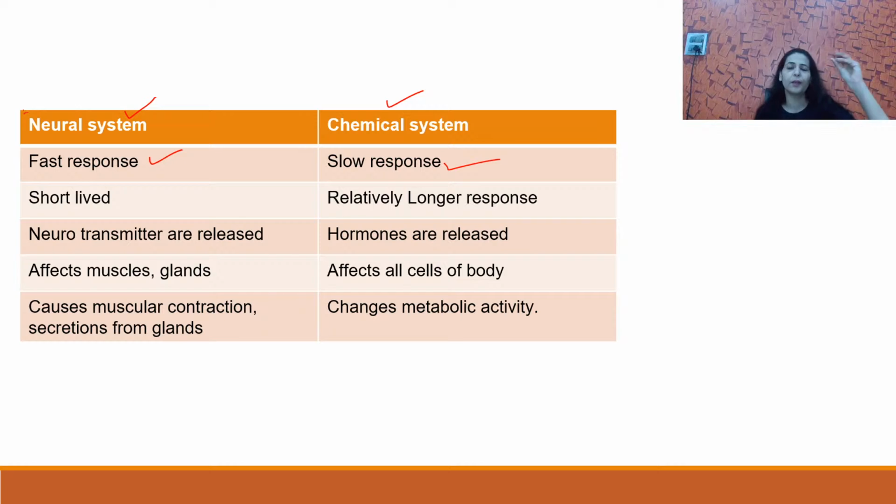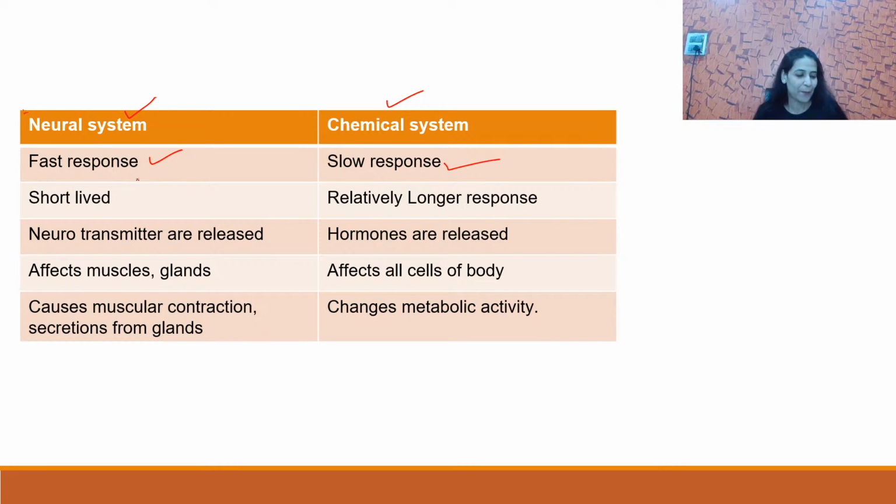The hormone being produced for the menstrual cycle or for the maturation of follicle, that's a slow process. It takes time. Imagine if the ability to move your hand was under the control of hormones, it would have taken 2 days for you to wave, isn't it?